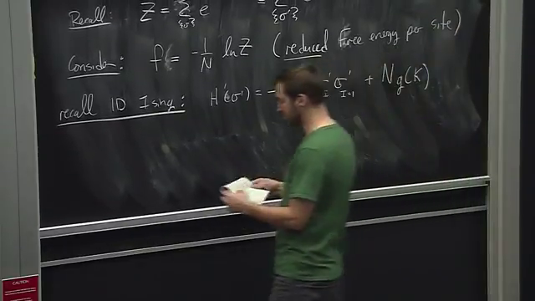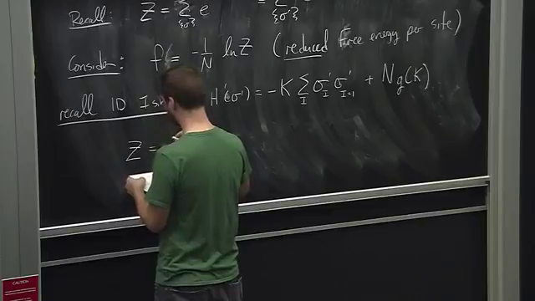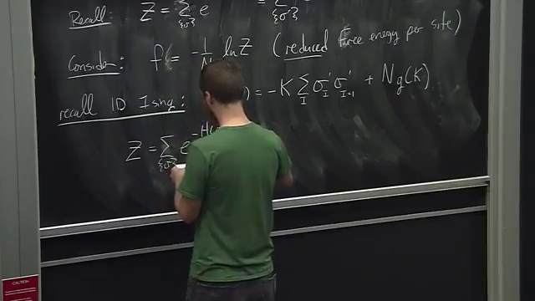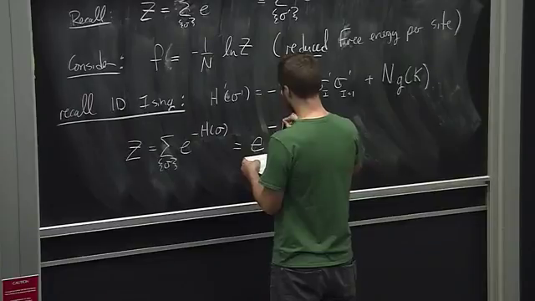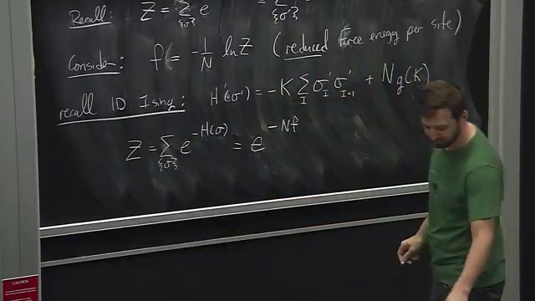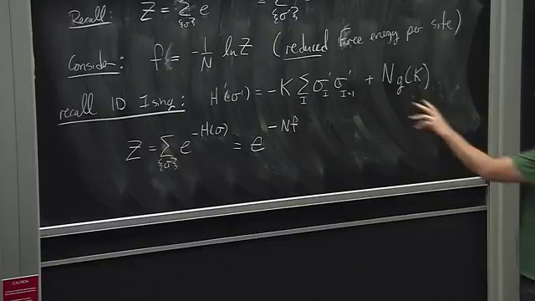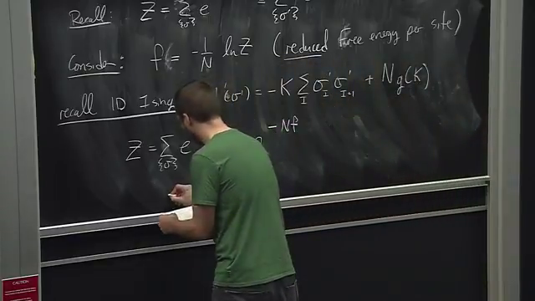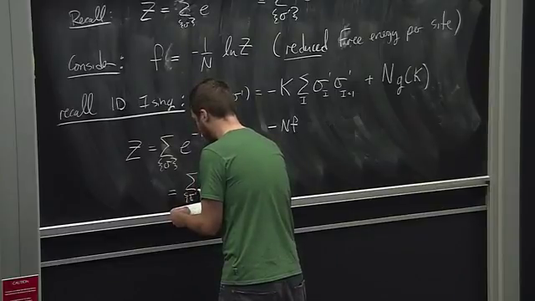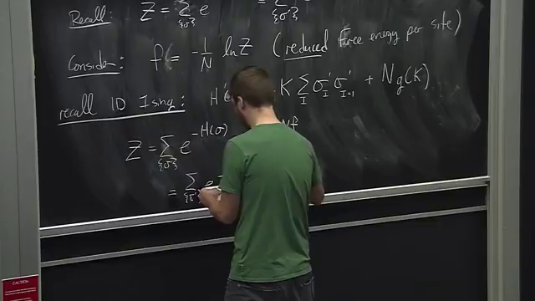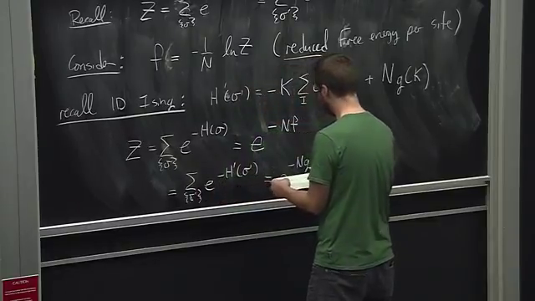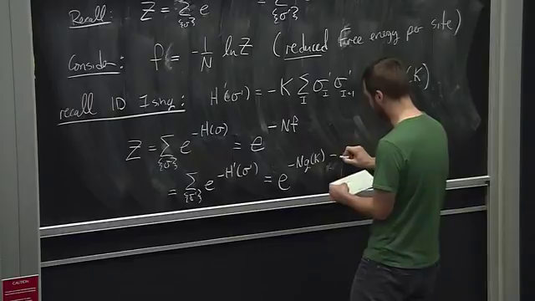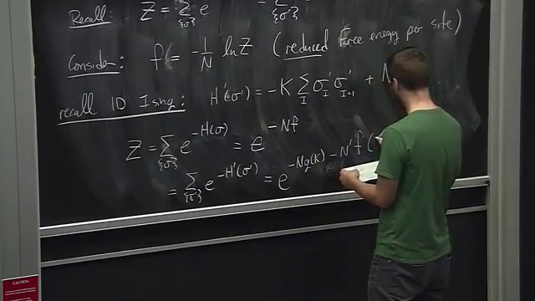So the partition function, which I can use, I can just invert this equation to get the free energy, is also equal to the sum over sigma prime of e to the minus H prime of sigma prime, which is e to the minus N G of K, and we keep this in the exponential, minus N prime f of K prime.